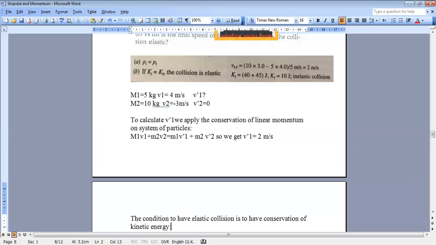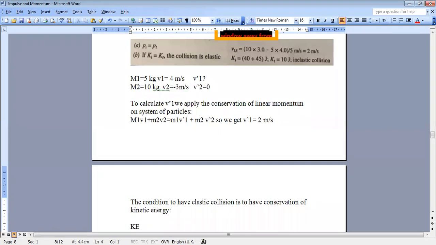We calculate kinetic energy at the initial state, equal to 0.5 times m1 times v1 squared plus 0.5 times m2 times v2 squared. V1 and v2 are known, so we can calculate the initial kinetic energy. It will be equal to 85 in total.